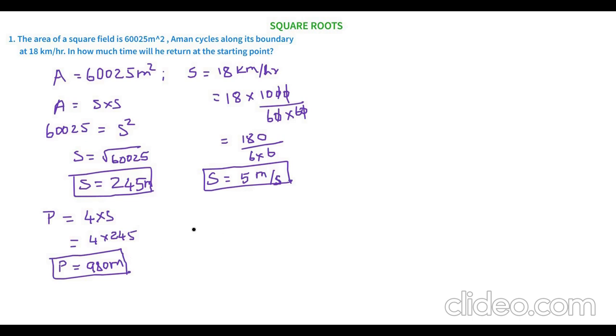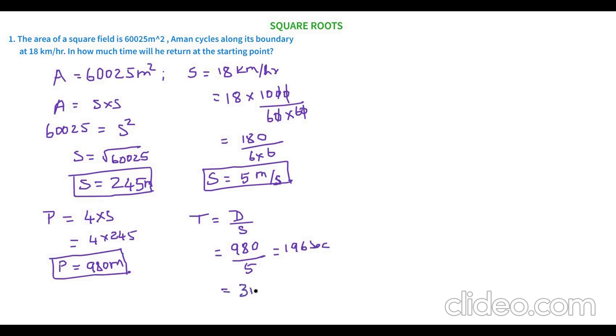Now let's find the time taken. What is the formula to find the time taken? Correct. It is total distance divided by speed. 980 divided by 5 gives us 196 seconds. Since it is 196 seconds, we can convert it into minutes and seconds.